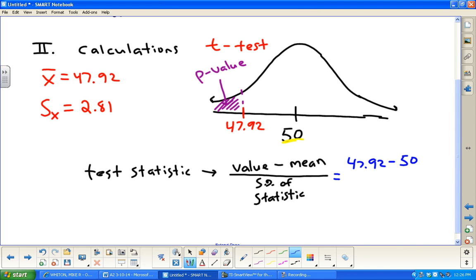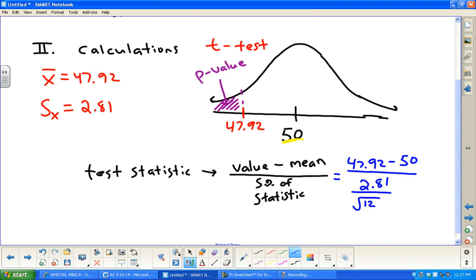For our problem, our sample value was 47.92, minus 50 for the mean. The standard deviation of our sample was 2.81. That gets divided by root n. That's for the sampling distribution. So let's calculate that out real quick. If we do 47.92 minus 50, and divide that by 2.81 over root 12, the numerator is negative 2.08.